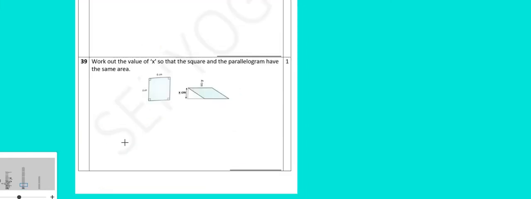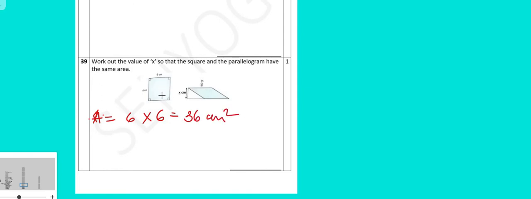Looking at our next sum, that is sum number 39. Work out the value of x so that the square and the parallelogram have the same area. So this is the square and this is the parallelogram. They have the same area. Here the area of the square will be 6 into 6, which is 36 centimeters square.